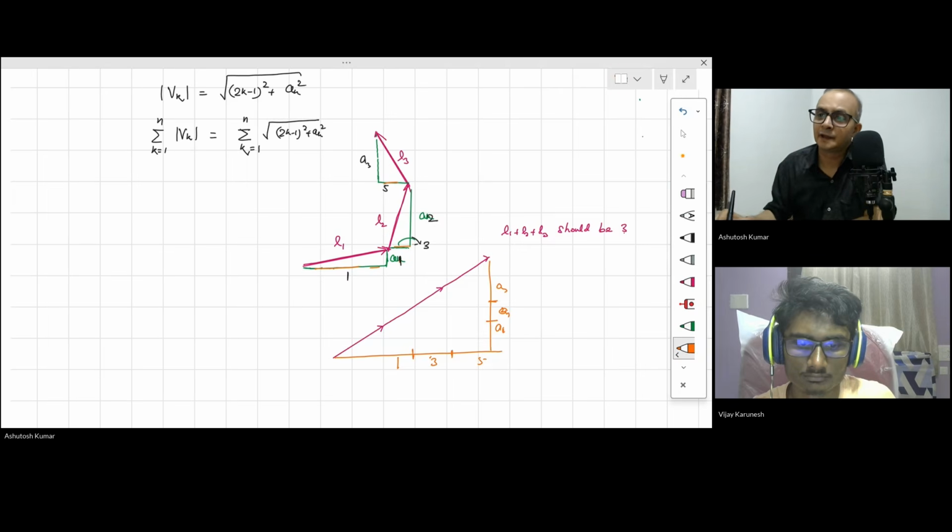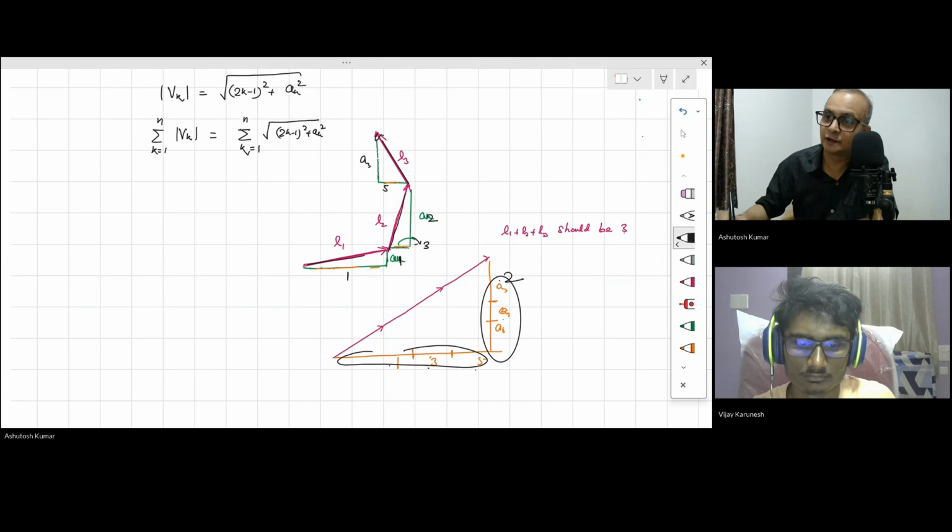And then the sum of these distances should be minimum. So when it is minimum, then we stack in that way. So what we are getting there? The 1 plus 3 plus 5, the whole square, plus this A1 plus A2 plus A3, the whole square, the root. It means this will be the minimum value.